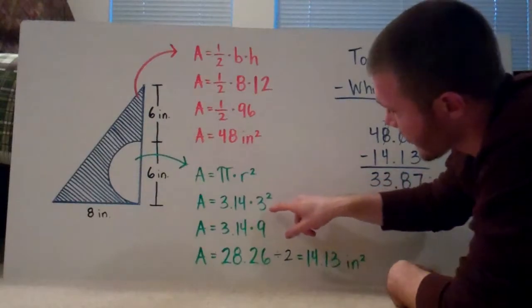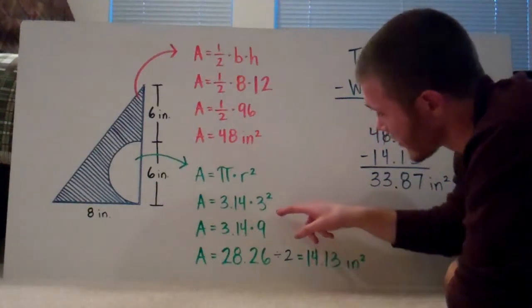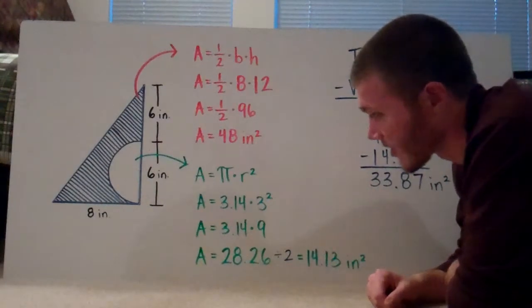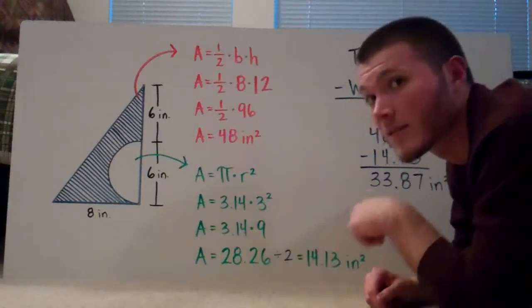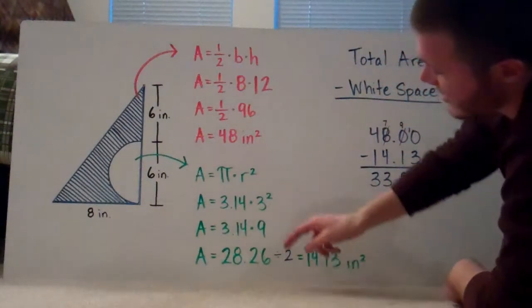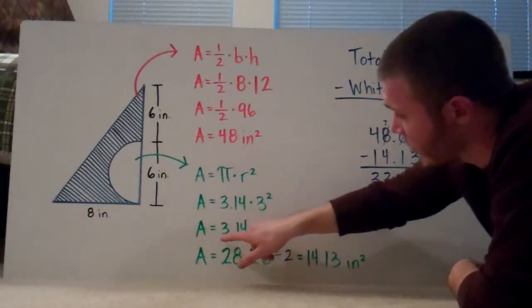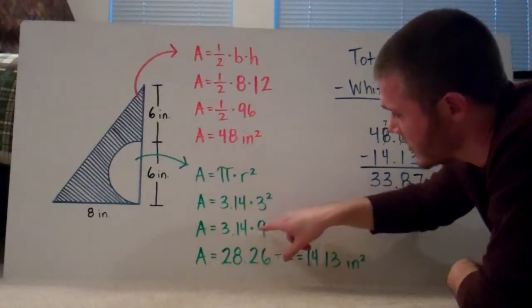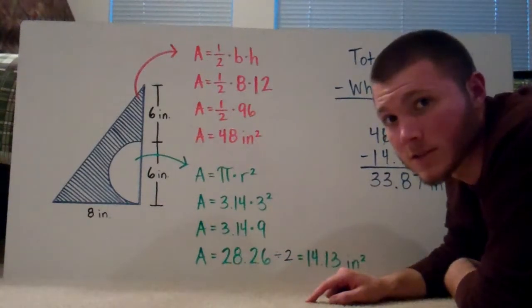So I'm going to plug in 3 for r and square it, 3 to the second power. That means I multiply 3 times itself, so 3 times 3 gives us 9. Then all I have to do is multiply 3.14 times 9, and I get 28.26.